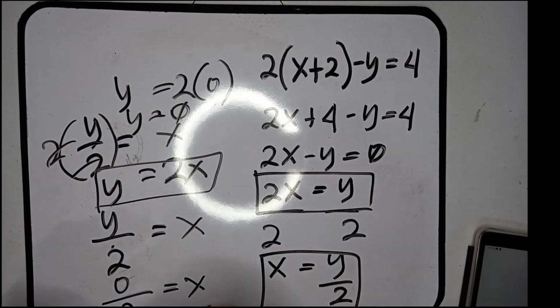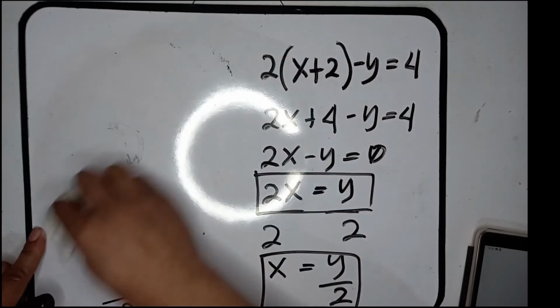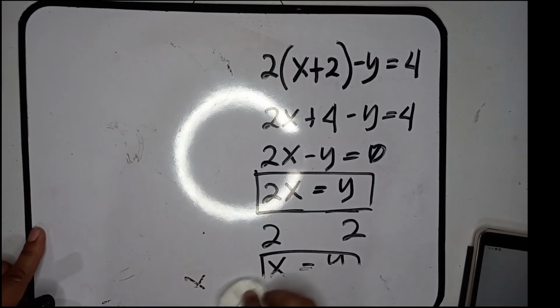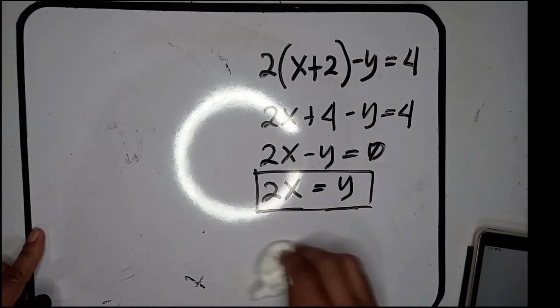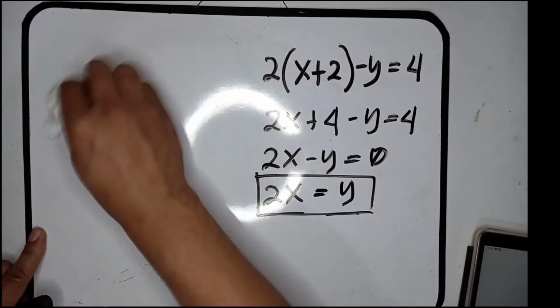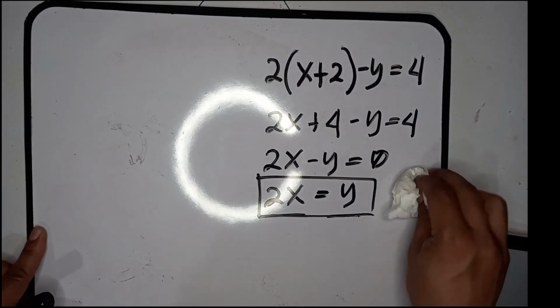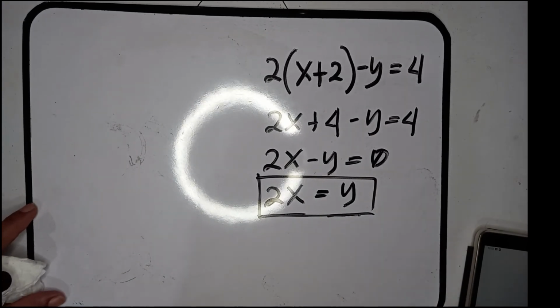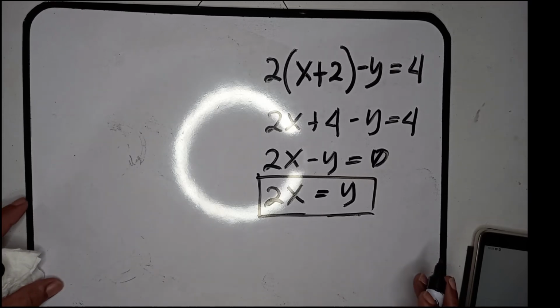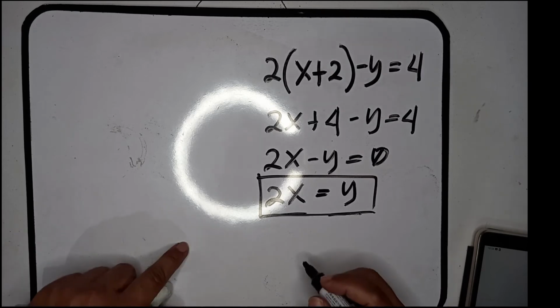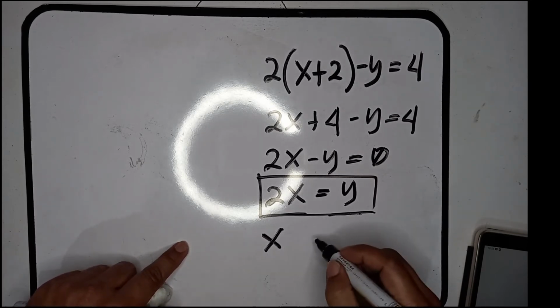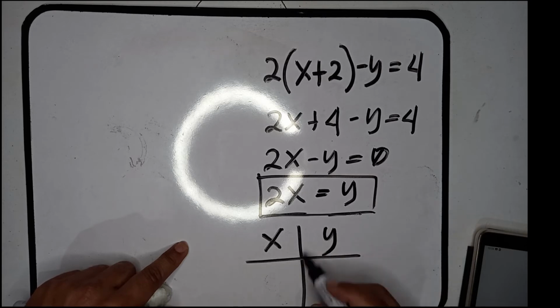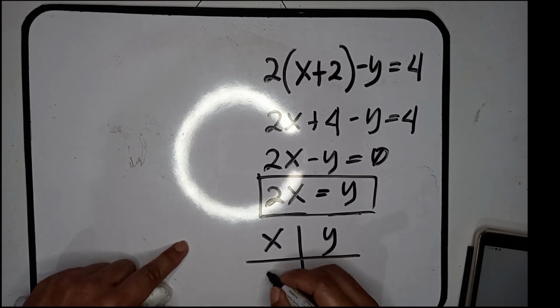So what we will do is create a table. If you find that the intercept method is not applicable, then that's the time that we create a table. At least 2 points is enough, because to define a line we need only 2 points. To do that, let's start writing here our x and our y, and let's say the value of our x is -2.